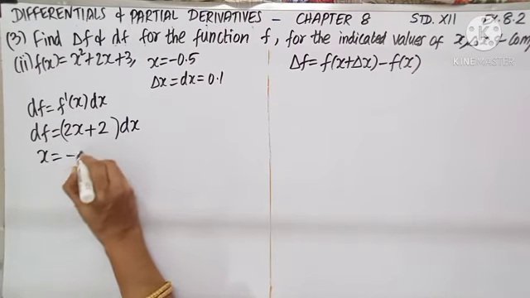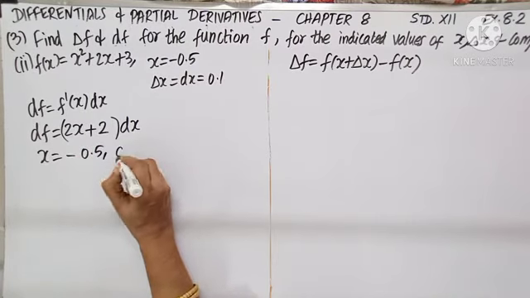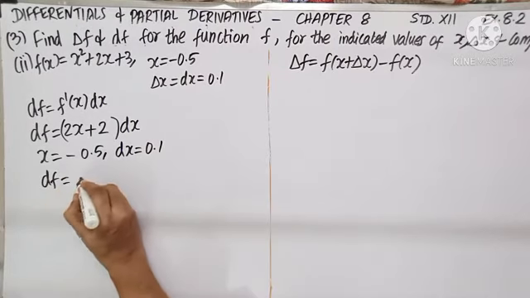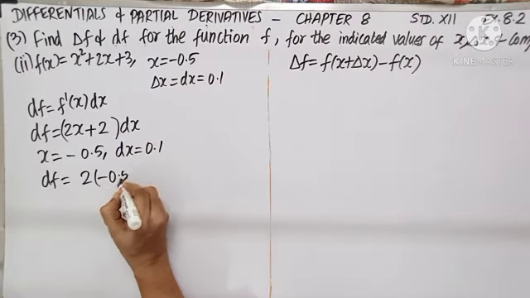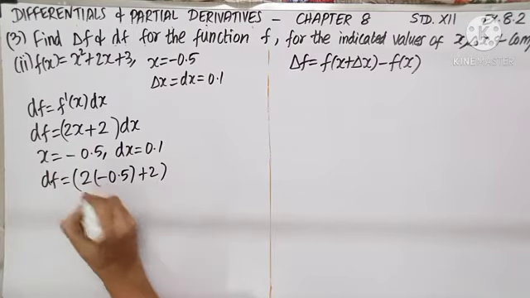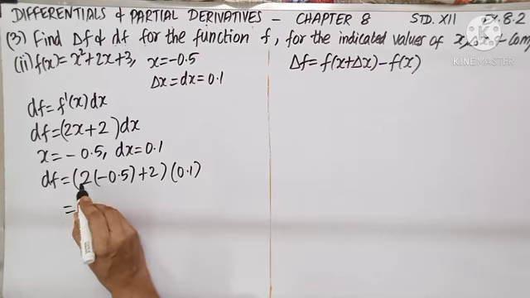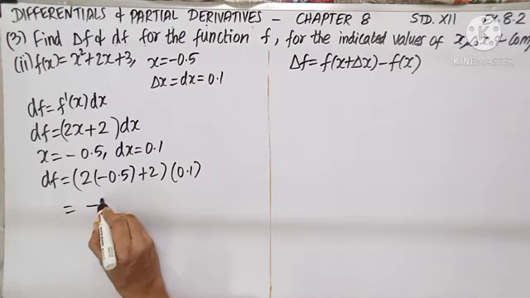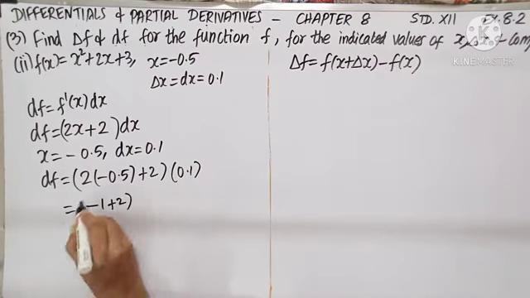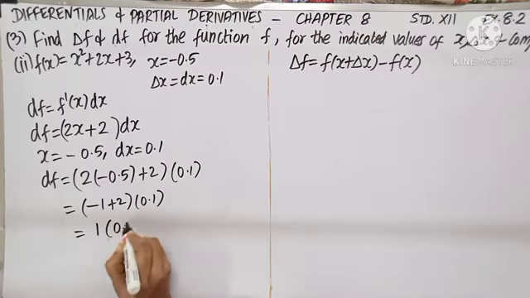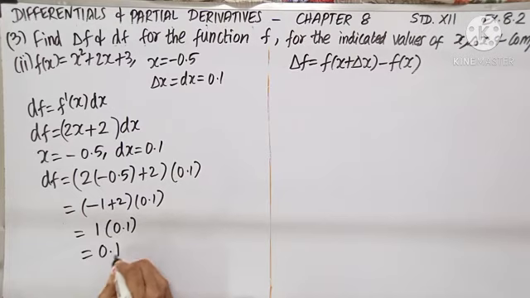Given x value minus 0.5 and dx is 0.1. df equals 2 into minus 0.5 plus 2, into 0.1. 2 into minus 0.5 is minus 1, plus 2, into 0.1, or it is 1 into 0.1, that is 0.1.